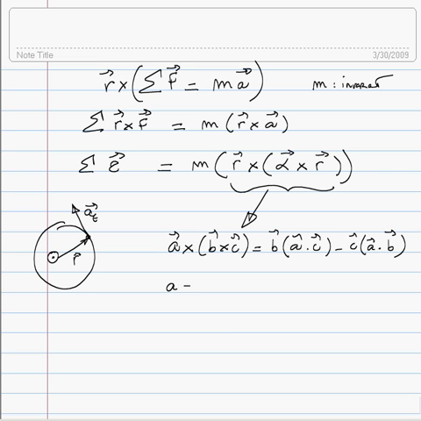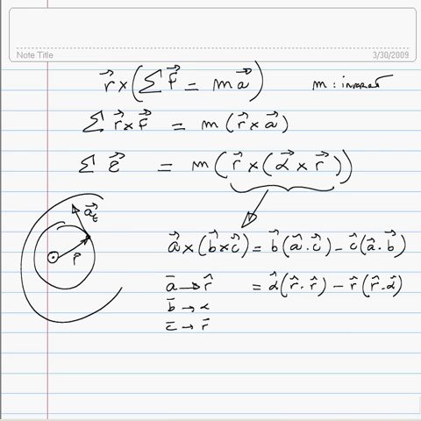Obviously, A is the same as our first r. B is our alpha, and C is our r again. So let's fill that in. B is alpha, so we have alpha times A dot C, r dot r, minus C, which is r, times A dot B, r dot alpha.